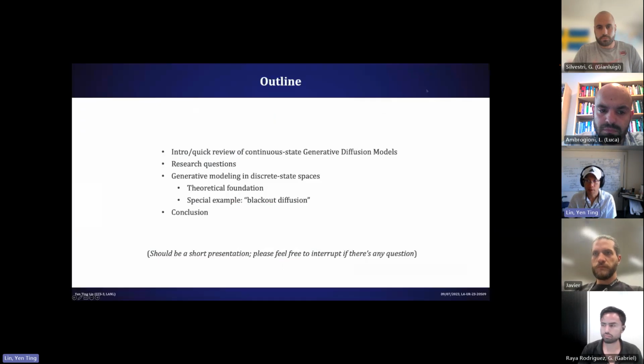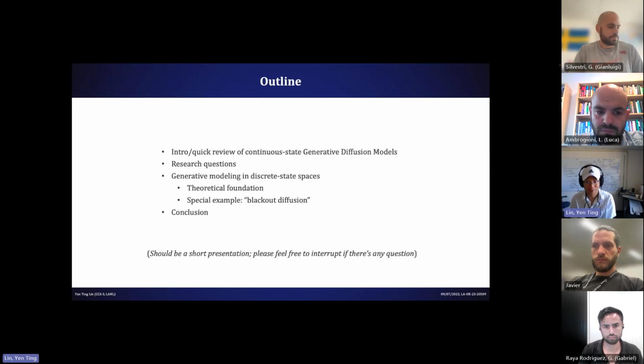So here is a quick outline of today's talk. I'll give an intro and quick review of continuous state generative diffusion models. Since we're all, in some sense, experts in this, I'll skip the typical, very plain intro, but try to give our perspective and identify what we see as missing in the current technology landscape.